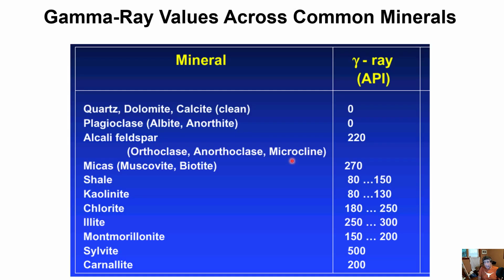Now, if you look at the gamma ray counts, in API units, American Petroleum Institute calibrated units, we're going to see that there are certain minerals such as quartz, dolomite, and calcite that have negligible, zero potassium, thorium, and uranium, and consequently their gamma ray logs are going to be small.